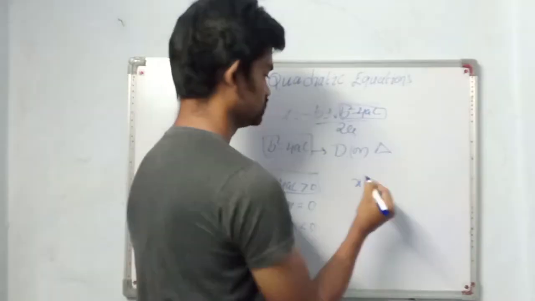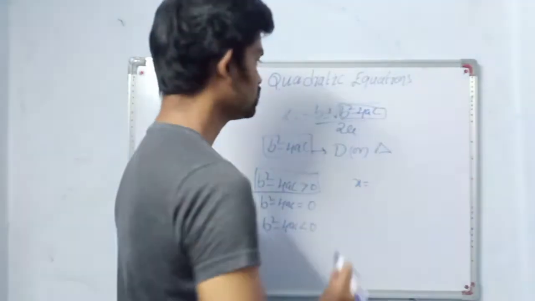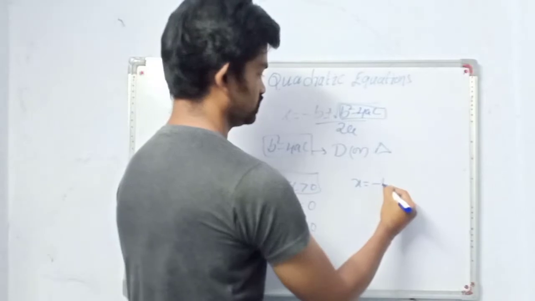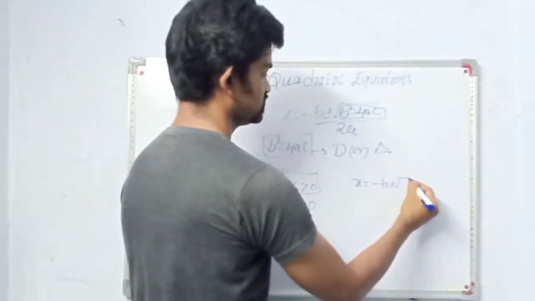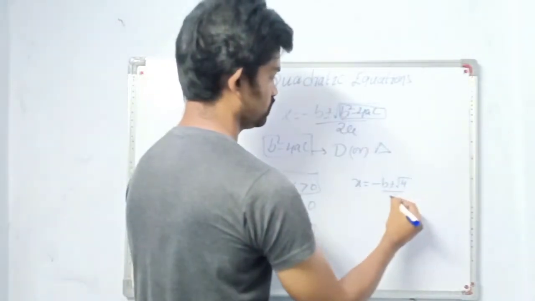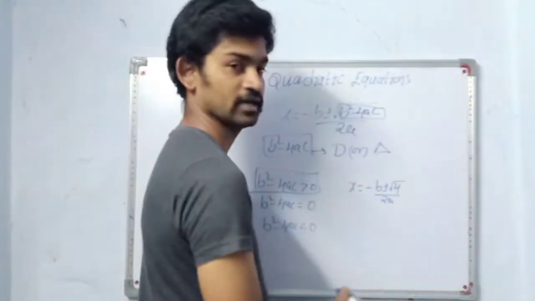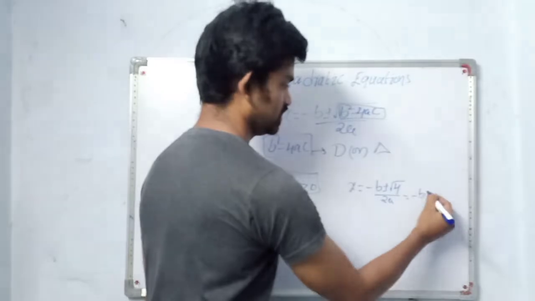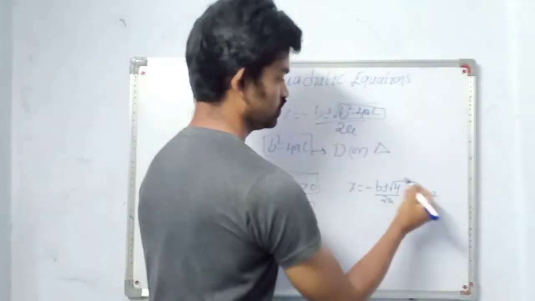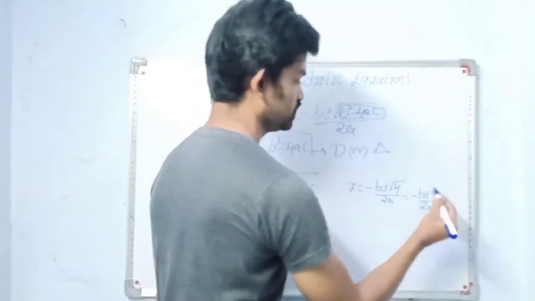So x equals, if you take 4, minus b plus or minus root 4 divided by 2a. It means minus b plus or minus, the root of 4 is 2, by 2a.